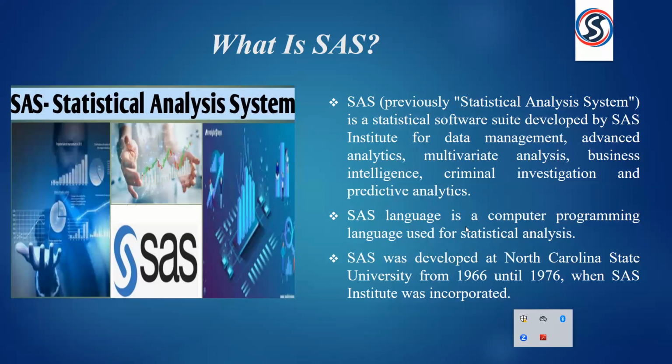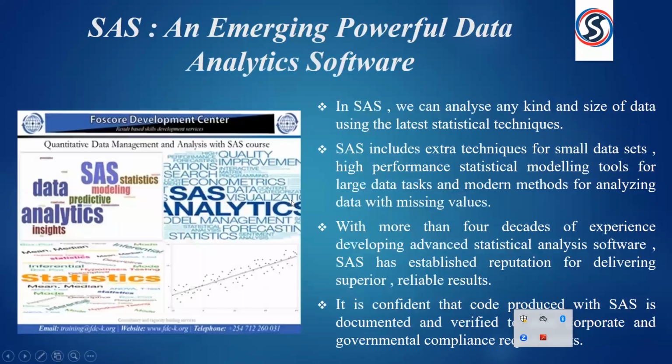And how was SAS developed? It was developed for agricultural analytics, for the analysis of agricultural fields. Moving on, SAS is an emerging powerful data analytics software because it is a fourth-generation programming language with more than 4 decades of experience.